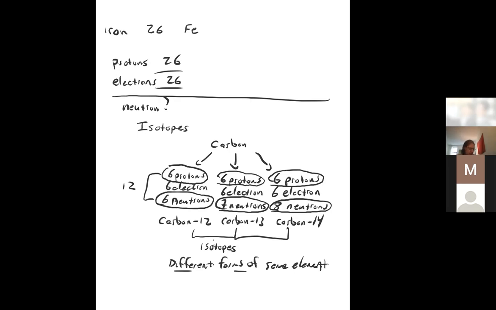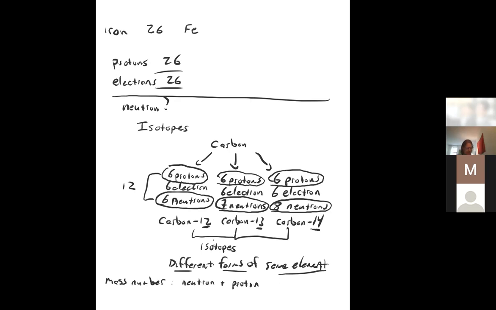So how do those forms differ? Just by the number of neutrons. That number, 14 or 13 or 12, is referred to as the mass number. And the reason they call it the mass number is because a proton and a neutron weigh about the same.